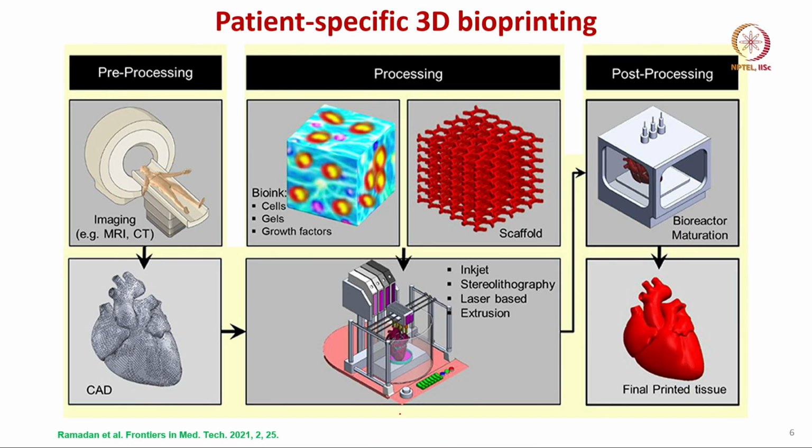Now, if you want to construct a patient specific tissue, you take the MRI or CT scan data of the patient. Then you design that particular organ, let us say the human heart. So, you want to construct the human heart, and you take the design.